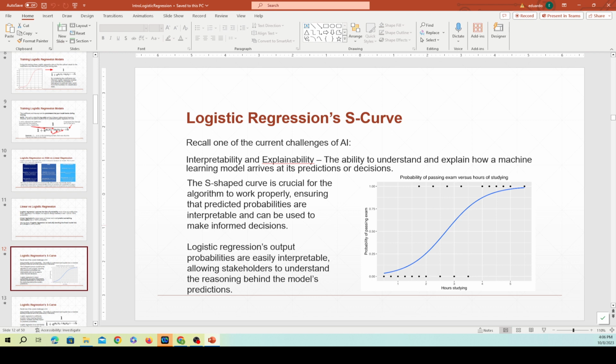One of the biggest problems in AI is that sometimes it's really hard to see the logic behind the prediction of the machine learning model. So being able to interpret and explain why the machine made that prediction is fundamental.